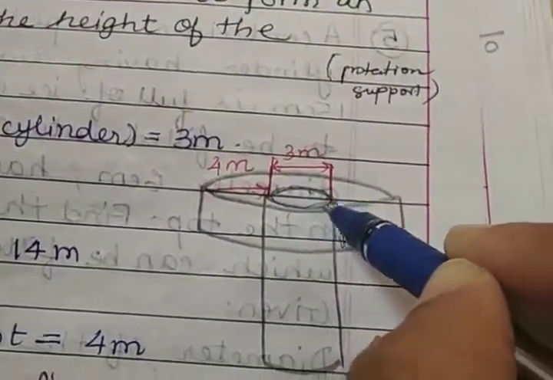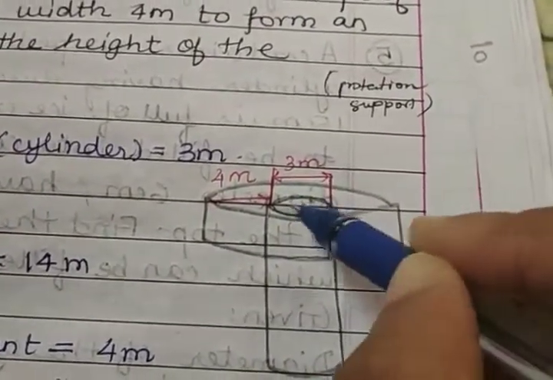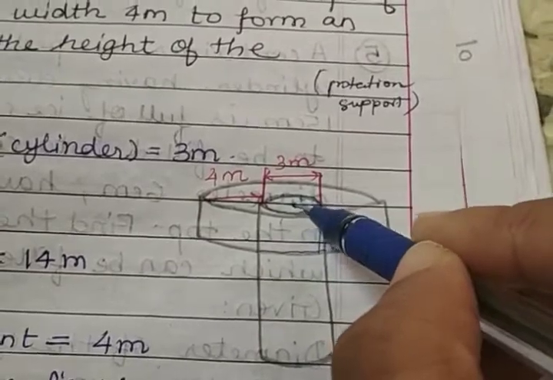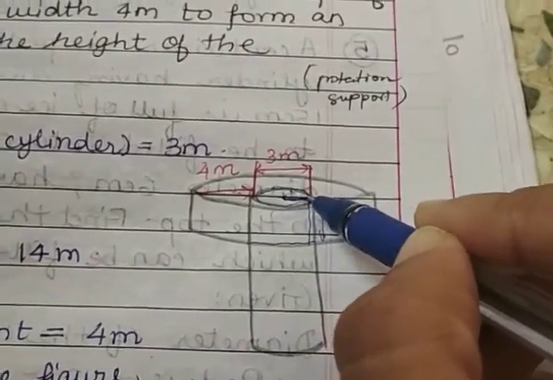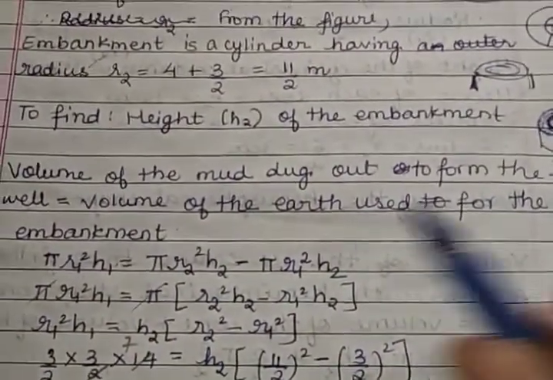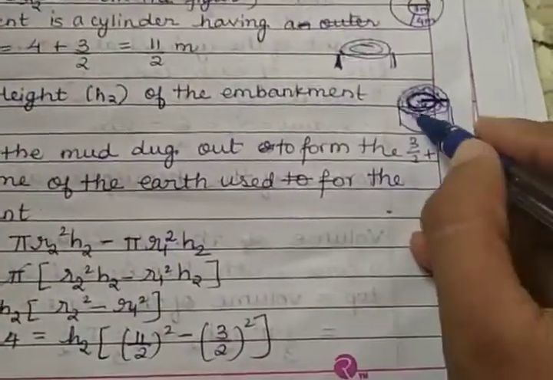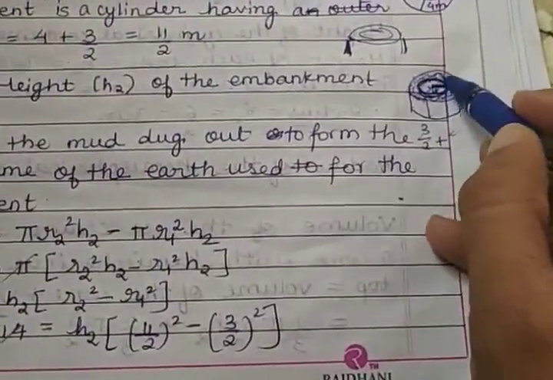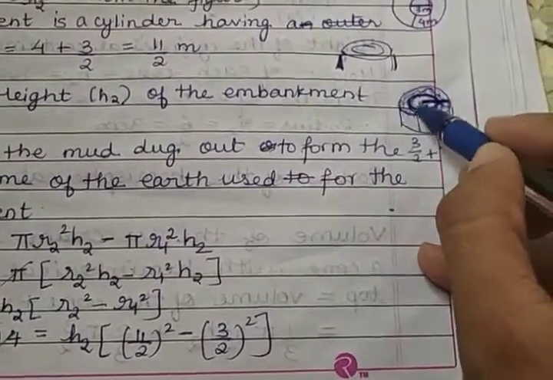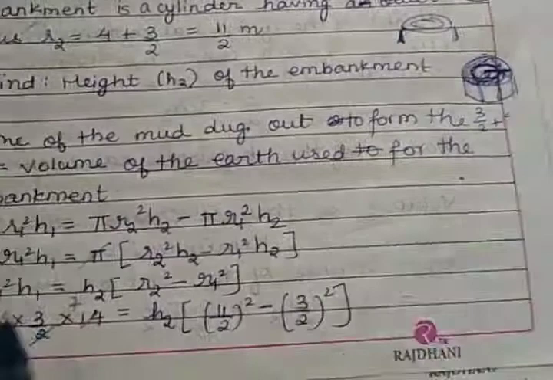So what is the volume of this inner part? It will be again this cylinder, pi R1 square, and the height is H2. So we get pi R2 square H2 minus pi R1 square H2, because the volume of the entire thing minus the volume of the inside part will give you the volume of this part.